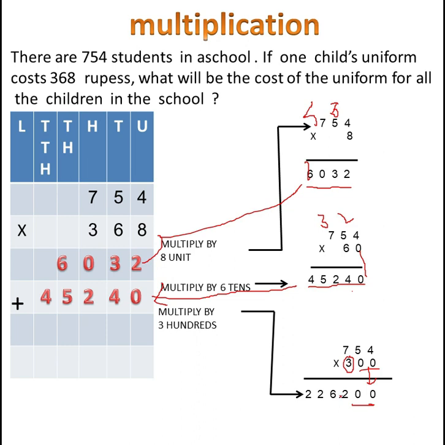I multiply 754 by 3. 3 into 4 is equal to 12. 1 carried forward. 3 into 5 is 15 plus 1, 16. I write 6 here and 1 carried forward. 3 into 7 is equal to 21 plus 1, 22. Then I will get 2,26,200. I put this value here.